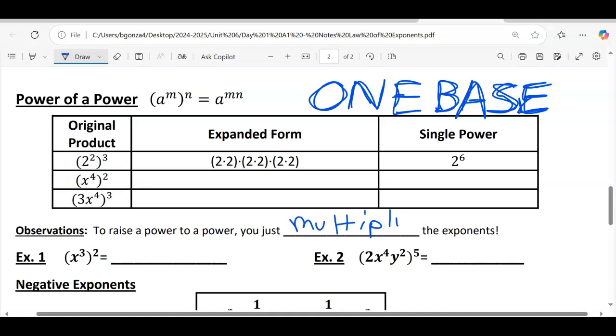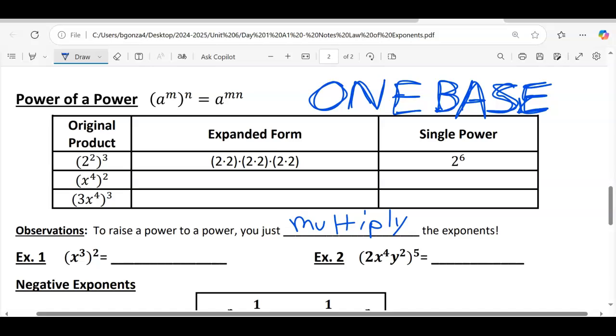Okay? So the front side of these notes, for 2 bases that match, that's when you add the exponents. This is when there's 1 base with 2 exponents, you multiply the exponents, okay? So, the expanded form stuff, I'm kind of over, I'm not trying to confuse you. So, just take my word for this, that the base, you multiply the 2 exponents if they're there.